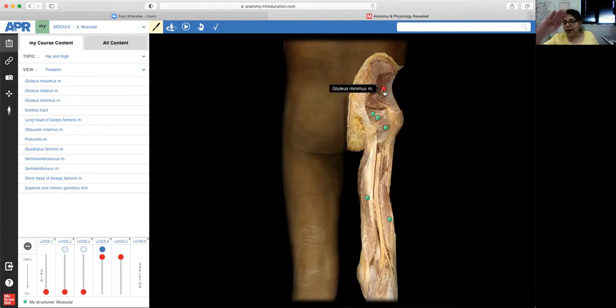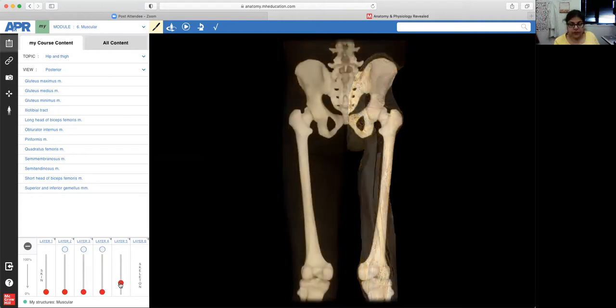So you had the maximus, medius, and then the minimus. Obturator internus, we saw the externus on the other side, right? Anterior, superior and inferior gemellus, quadratus femoris, semimembranosus muscle, short head of the biceps femoris. All right.